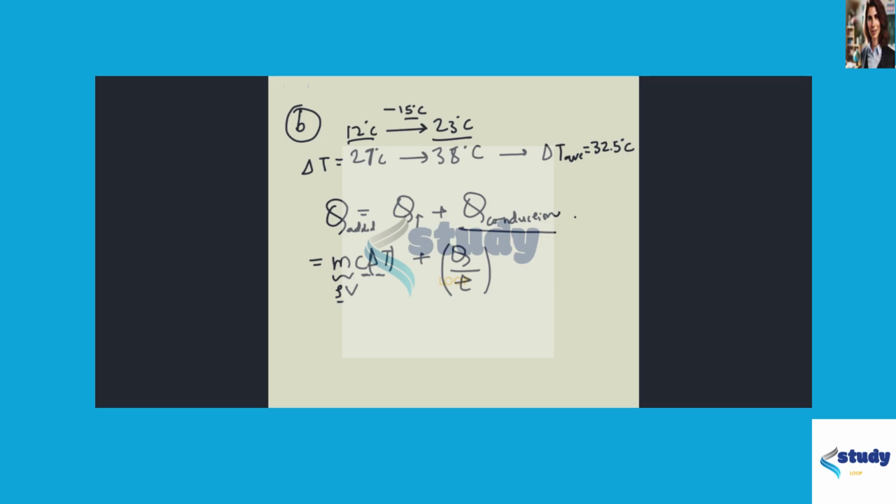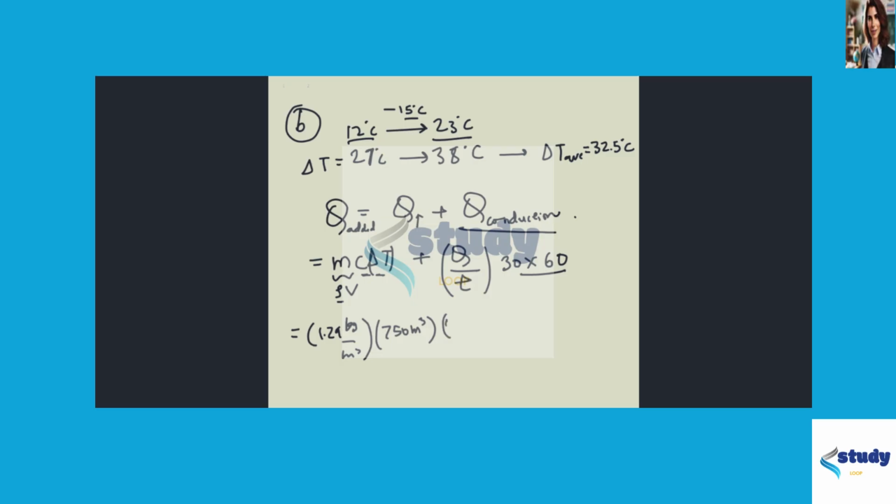times how long, the amount of time it takes, which is 30 minutes. So that's 30 minutes times 60 seconds per minute, 1800 seconds. By substituting our values, we know that the density of air is 1.29 kg per meter cube. Volume of the house is 750 meter cube.